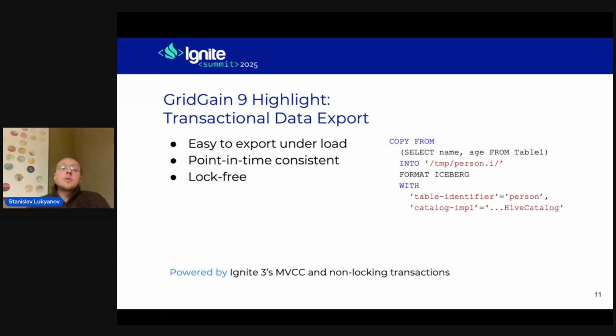The next highlight I want to talk about is the improvements in data import and export. So GridGain provides this feature that lets you import or export data between GridGain and file-based storages that you commonly find in data lakes and lakehouses, with formats such as Apache Iceberg, which is, I think, becoming more and more the standard for lakehouses and data lakes today, Apache Parquet, and CSV files.